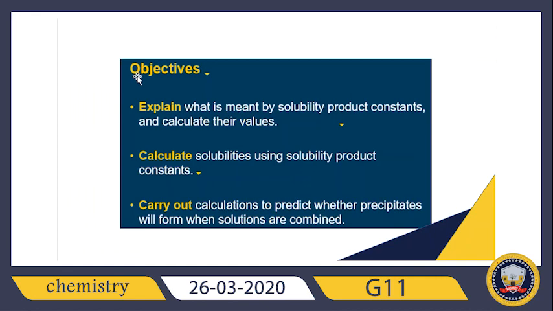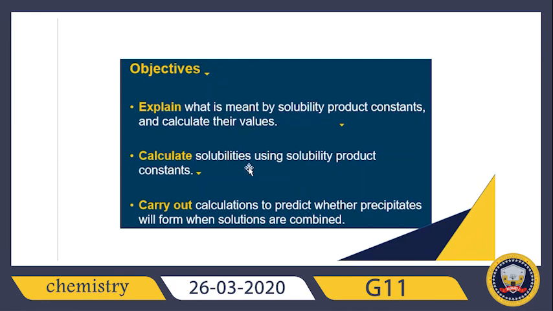So here are the main objectives of this section. Number 1, inshallah by the end of this section we'll be able to explain what is meant by solubility product constants and calculate their values.